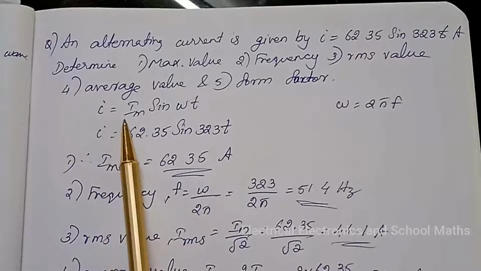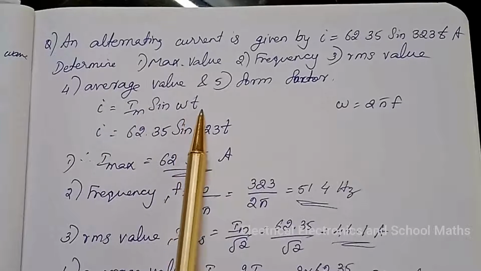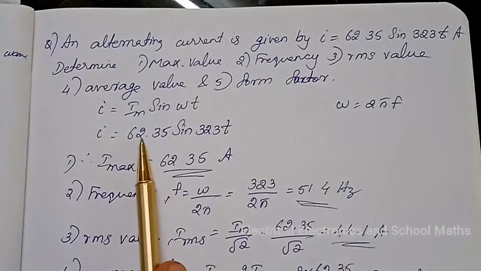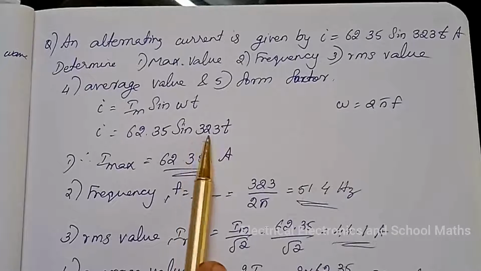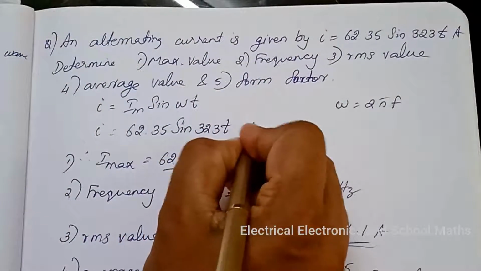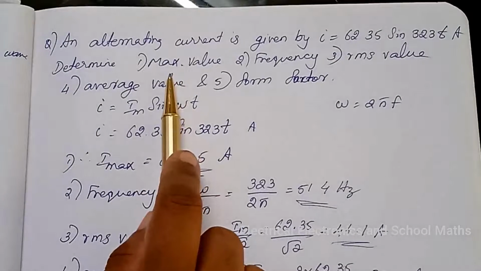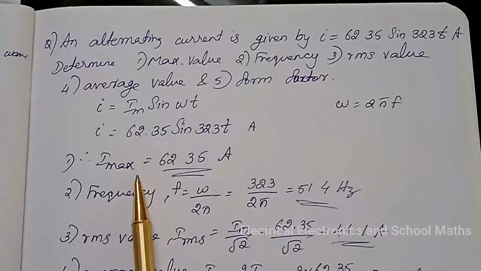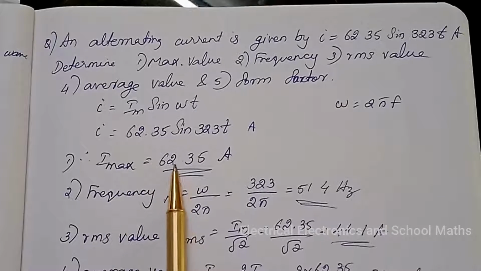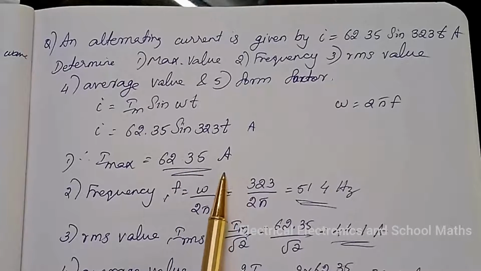We know the instantaneous value of an alternating current is i equal to Im sin omega t. And here it is given that i is equal to 62.35 sin 323 t ampere. From this we get the maximum value, that is Im equal to 62.35 ampere.